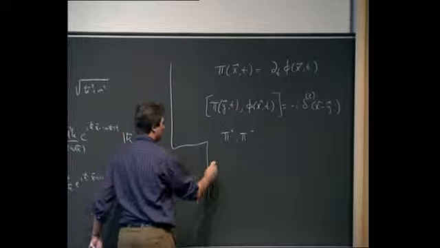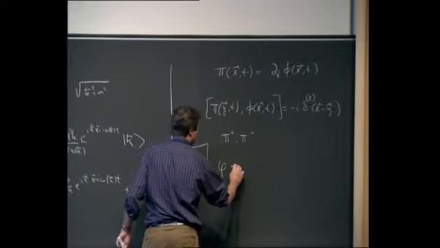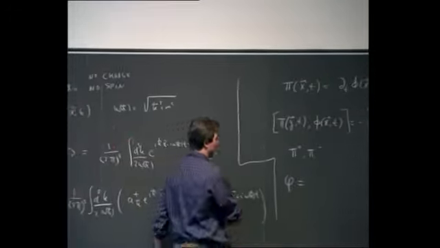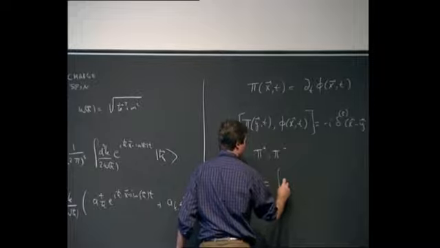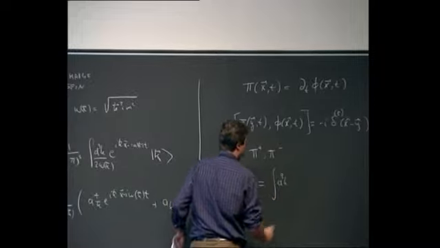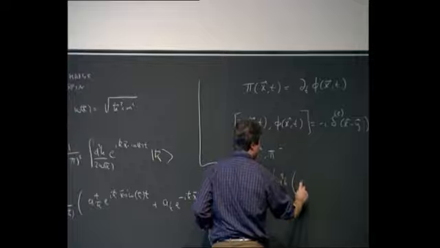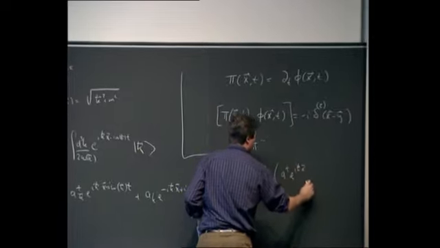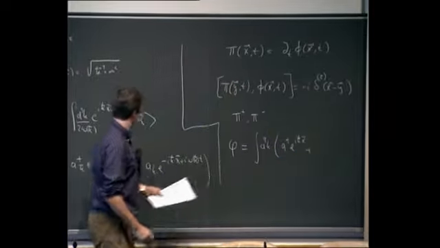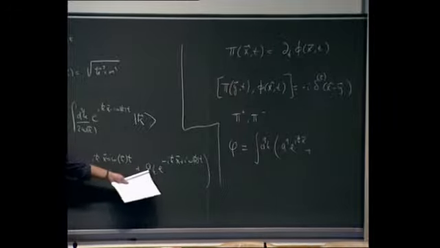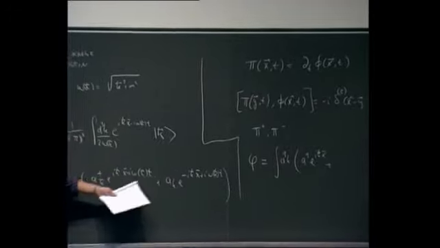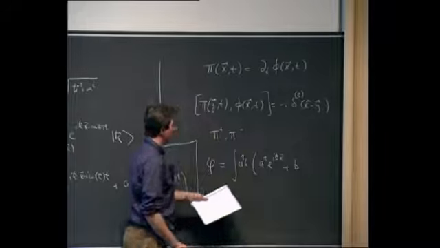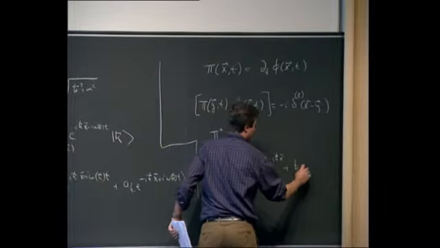And for a complex field, well, I'm not going to write down the full expression, but what you get is a similar expression as here, where you get an integral over k space, and then you get A dagger times the plane wave, plus, and then instead of having the Hermitian conjugate, namely just A, you'll get some other creation or annihilation operator B, times the other plane wave.